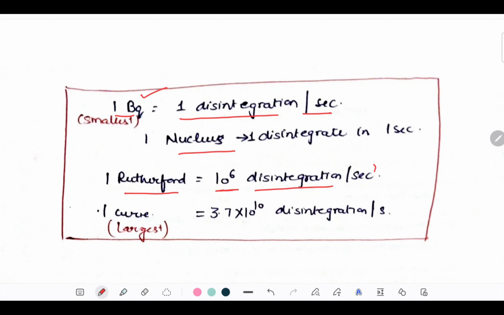The largest unit of radioactivity is 1 curie, which equals 3.7 times 10 raised to the power 10 disintegrations in 1 second. So all three units we must remember.